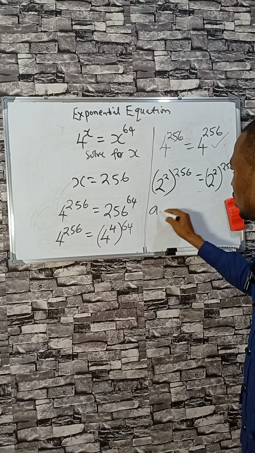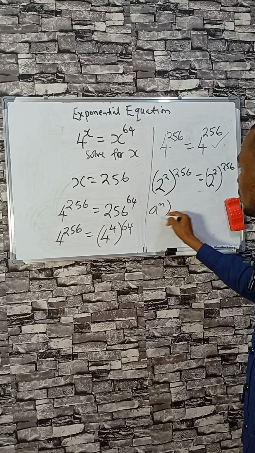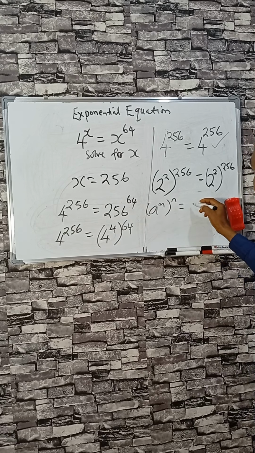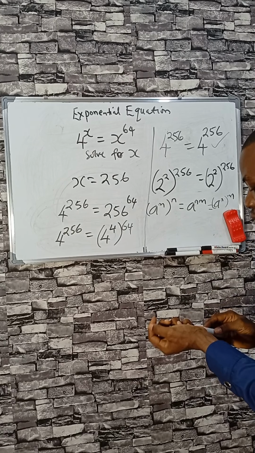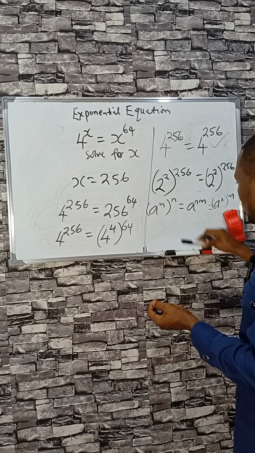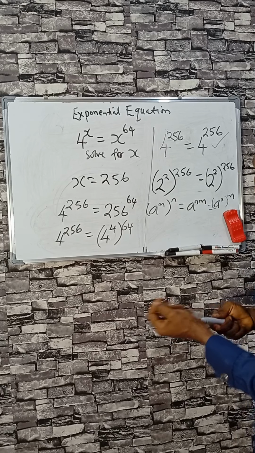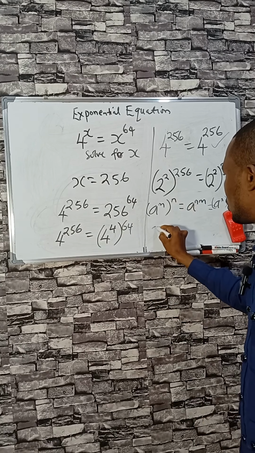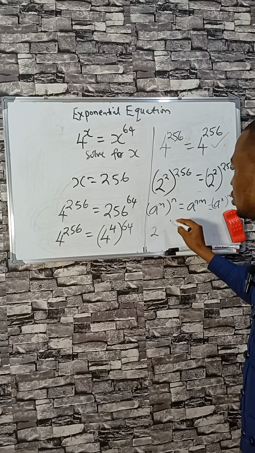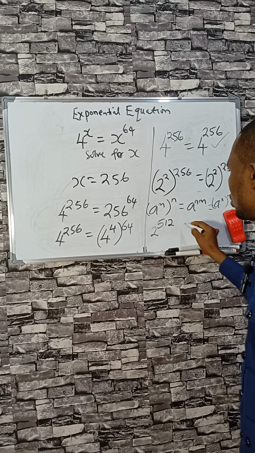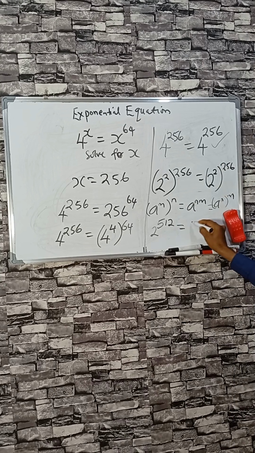Like I said, a raised to the power mn can be written as a raised to the power nm. You can put n inside, then take n outside. So if you do that, that means here we have 2 times this. 2 times 256 is 512, and it's equal to the same thing here.